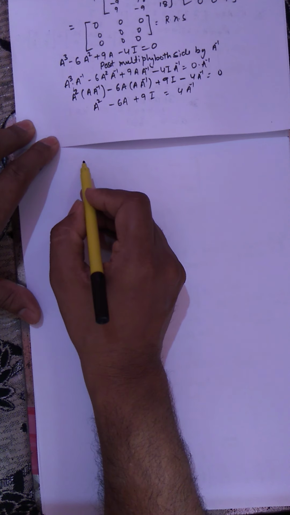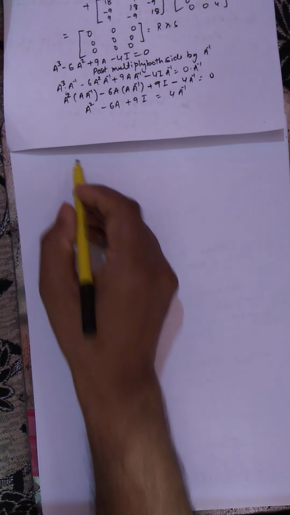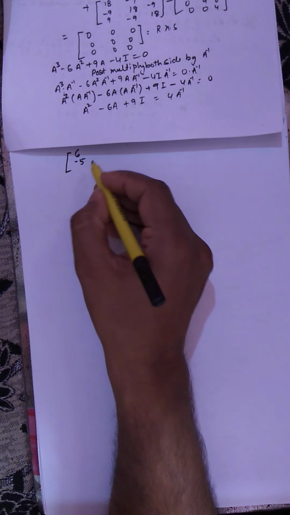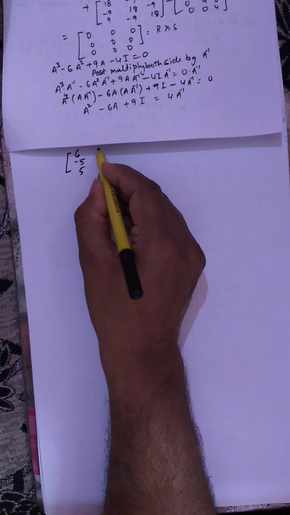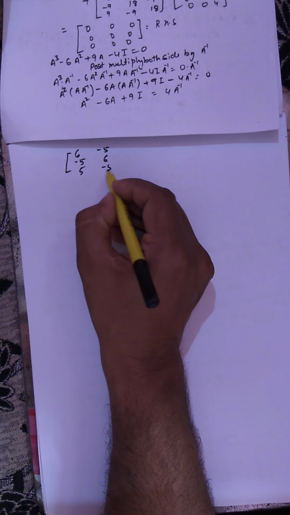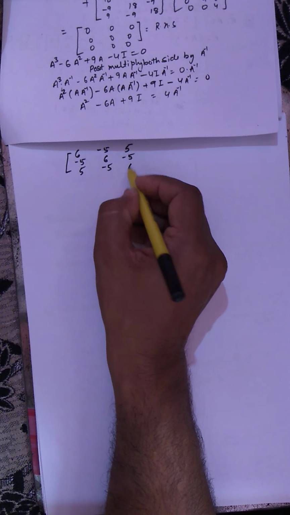So A square we have found. A square is 6, -5, 5; -5, 6, -5; 5, -5, 6.